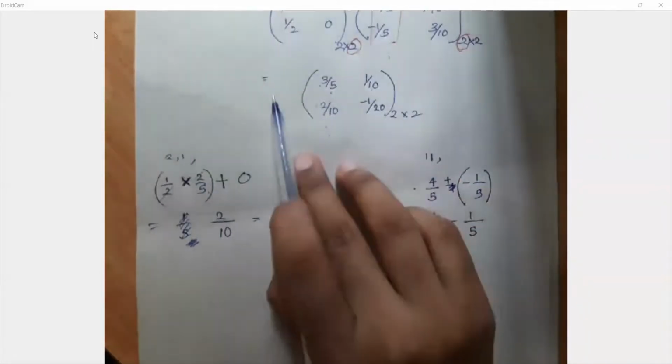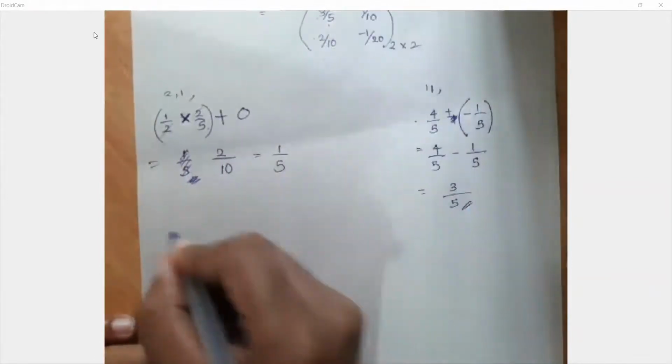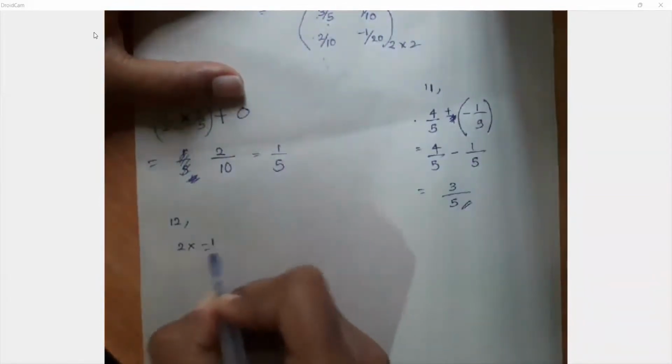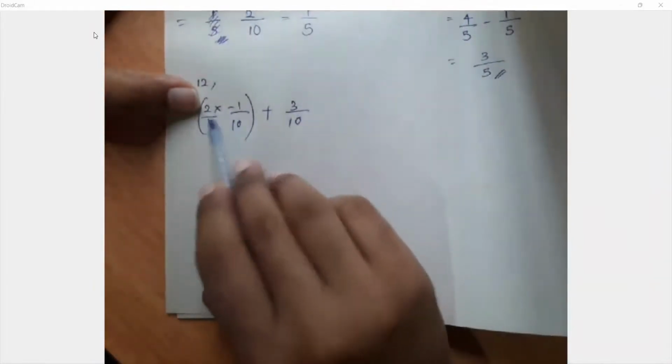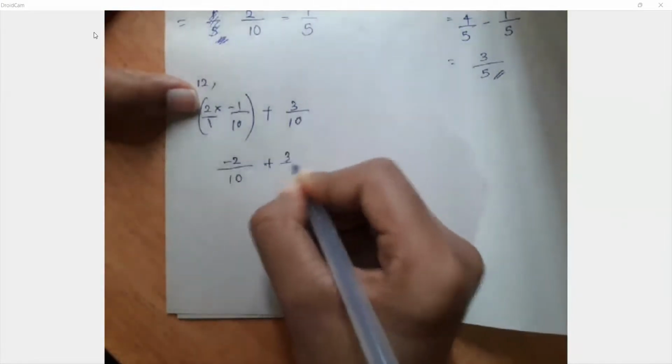Next, I want 1, 2. 2 into minus 1 over 10 plus 1 into this one, which is 3 over 10. Multiplication: 2 into minus 1 is minus 2, 1 into 10 is 10, plus 3 over 10.